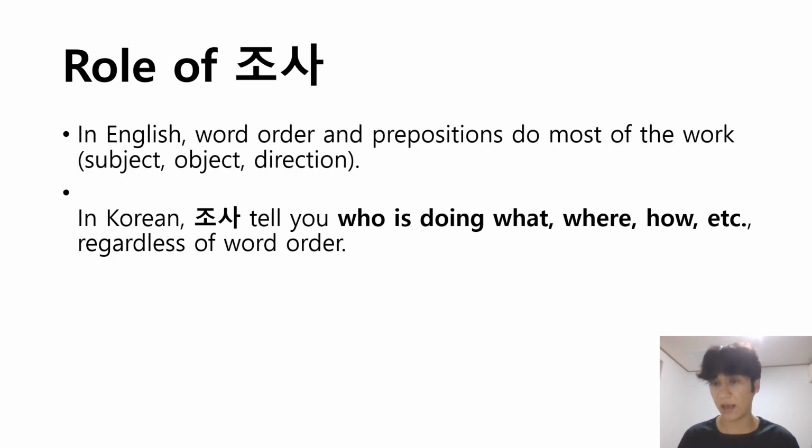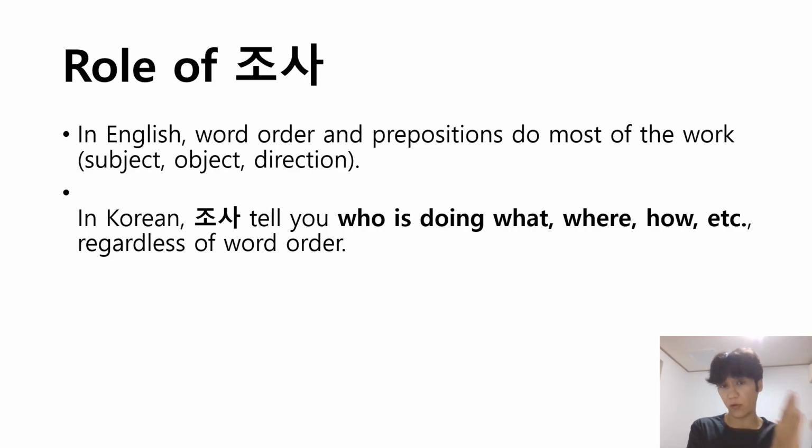But in Korean, in order to understand these kinds of structures, you have to look at the 조사. In Korean, 조사 tell you who is doing what, where, how, and so on, regardless of word order. So word order in Korean is not that important because we have 조사. In English, word order is important because it doesn't have 조사.